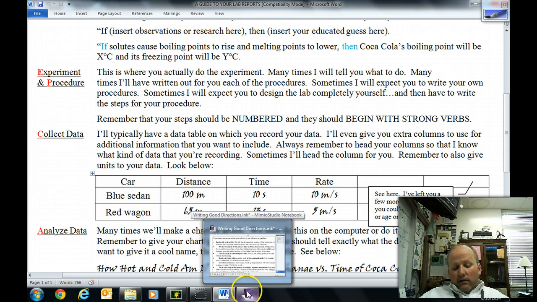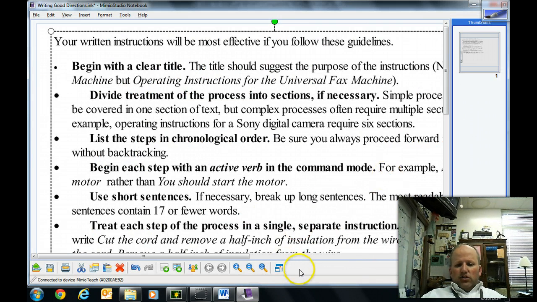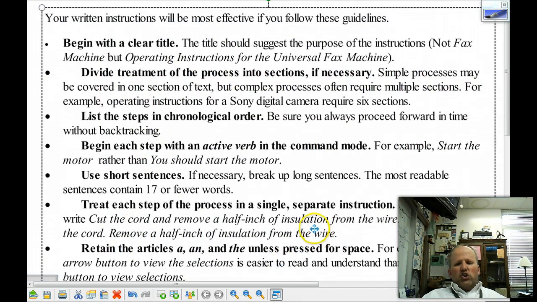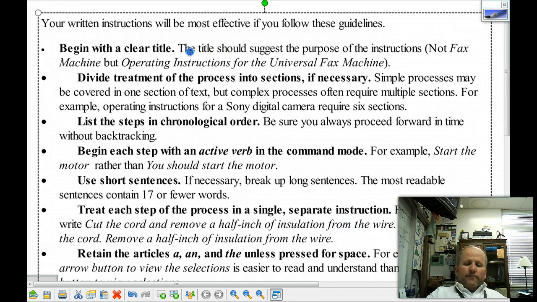That basically is writing a good set of directions. Instructions, directions, procedure, to me, all one and the same. For PORHEPCAC, we call it procedure, but what we're really talking about is just writing a good, clear set of instructions. Written instructions are most effective if you follow these kind of rules, these guidelines.